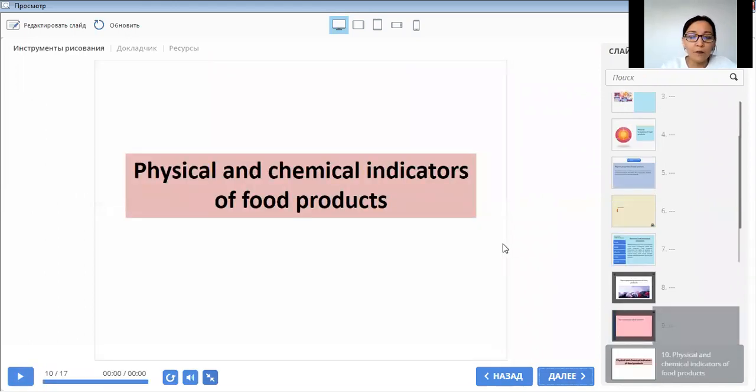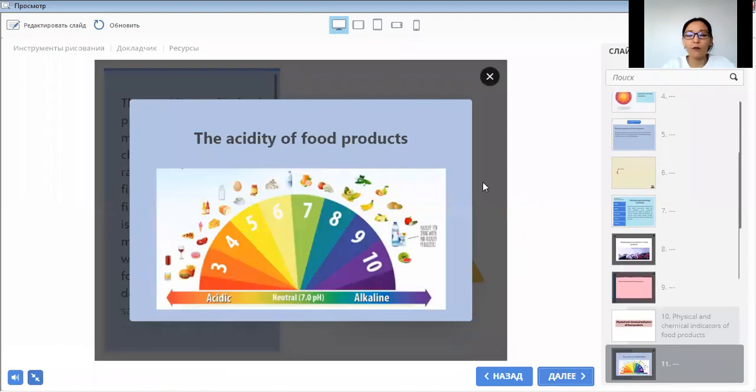Next slide, about the physical and chemical indicators of food products. First, about the acidity of the products. Maybe do you know about the acidity? Yes, there are 10 points. For example, from 3 to 6 is a point from 3 till 6.